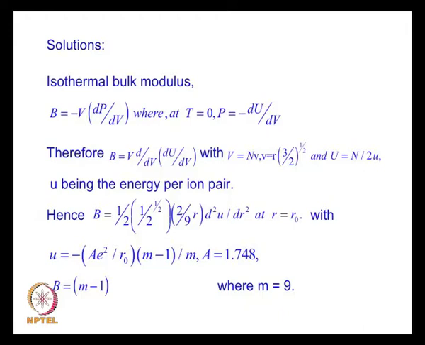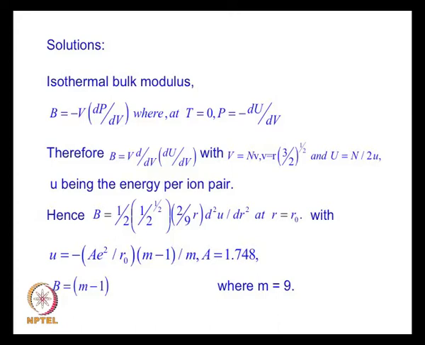This is the Madelung constant, and in the problem the index m is also given to be 9. So, we will use that later. We will right now write it just as m and solve everything. So, the bulk modulus becomes m minus 1 into 18 A e square by r naught square when m is 9.